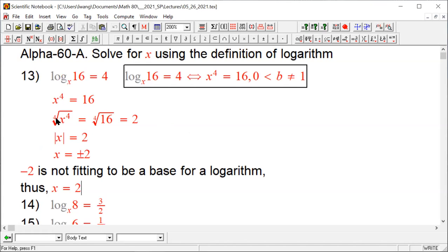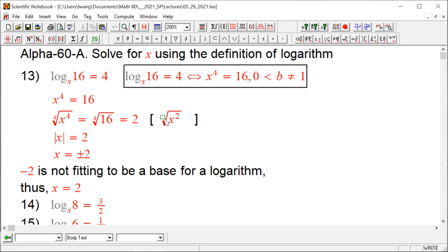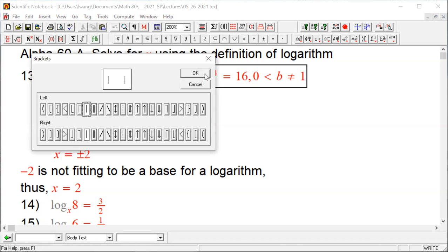So what we used here is very similar to square root. Here I want to give you the summary. We all know that the square root of x squared is equals to absolute value of x.